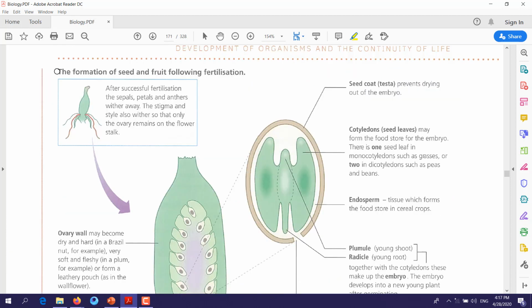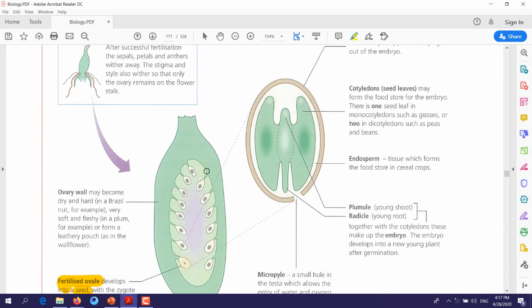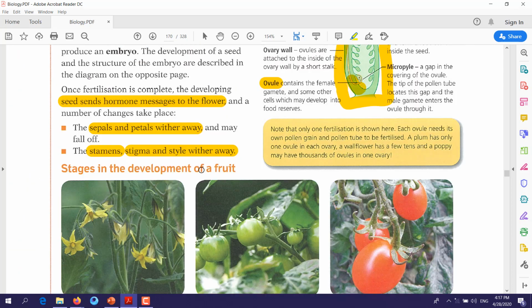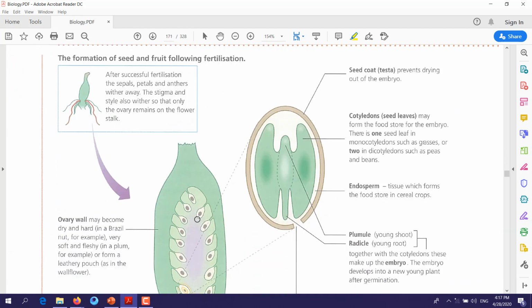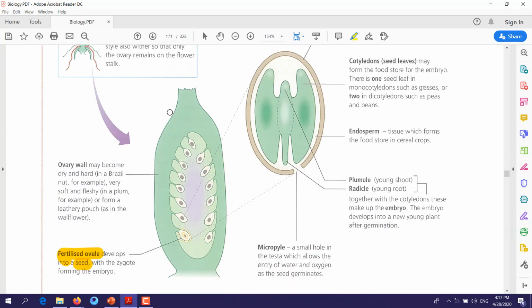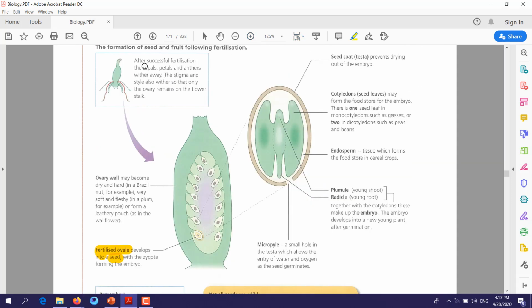This is the formation of seed and fruit following fertilization. Here are the steps that show how the seed and the fruit will be formed. We already explained it, but now they are the steps. Firstly, we have fertilization, where the male gamete fuses with the female gamete.